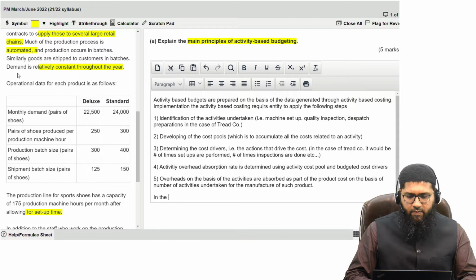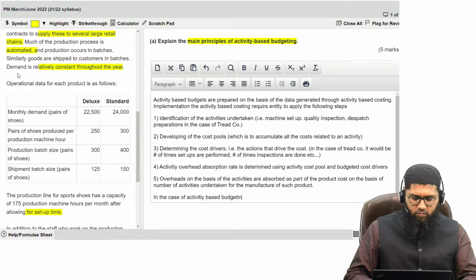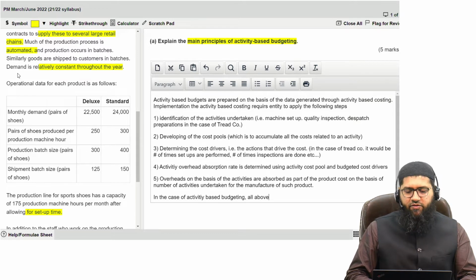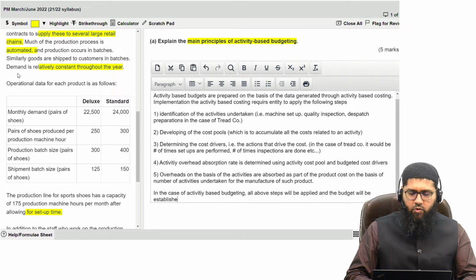In the case of activity-based budgeting, all the above steps will be applied and the budget will be established using the activity overhead absorption rates for each of the activities.